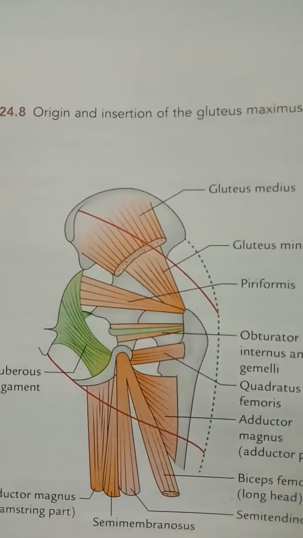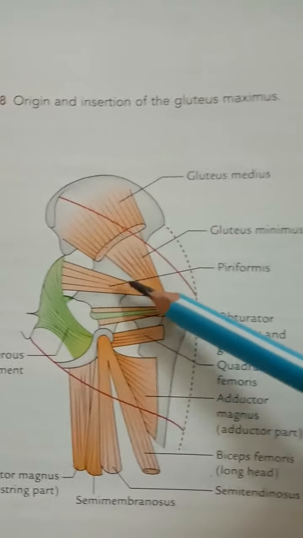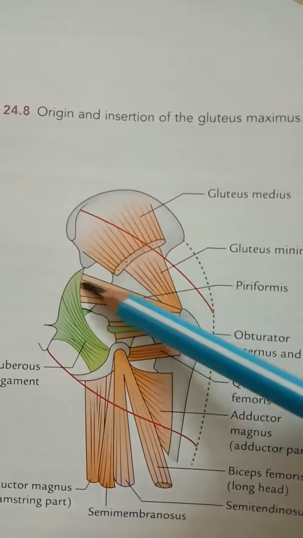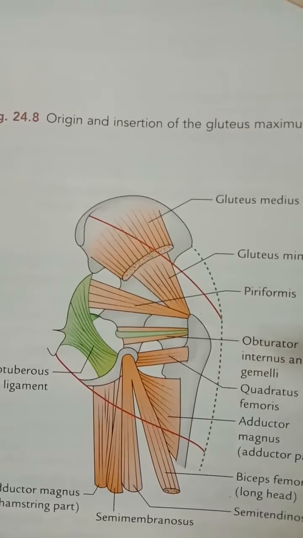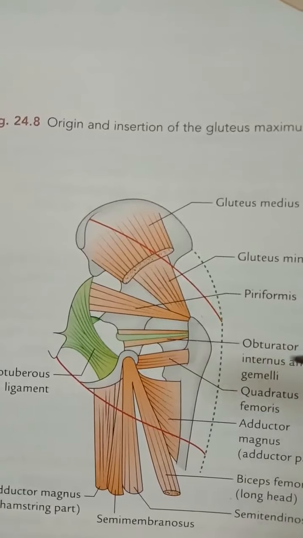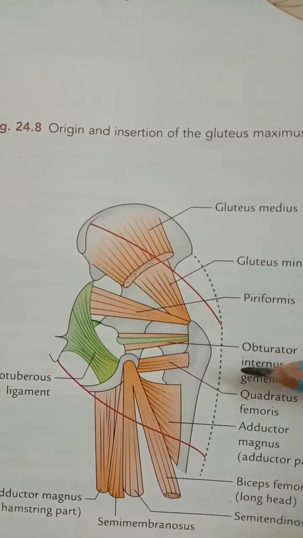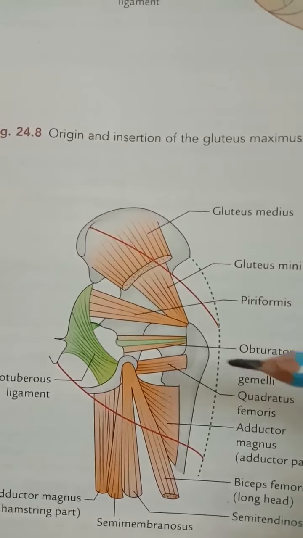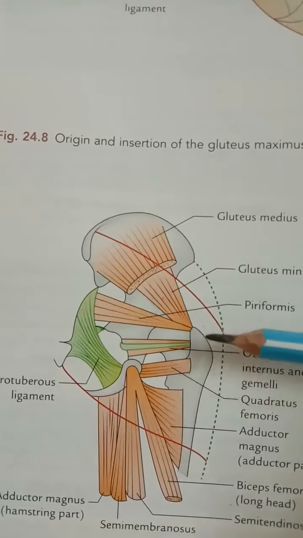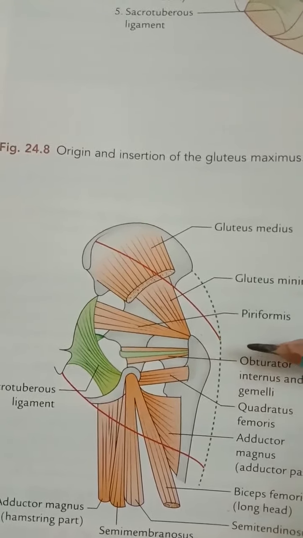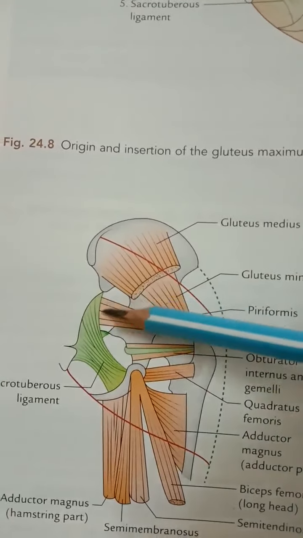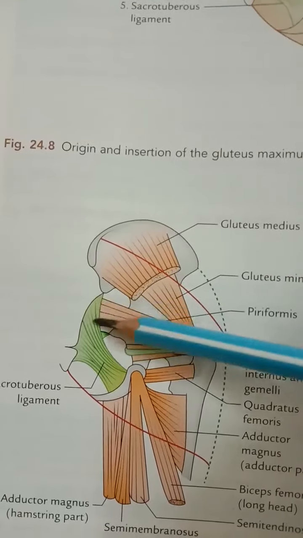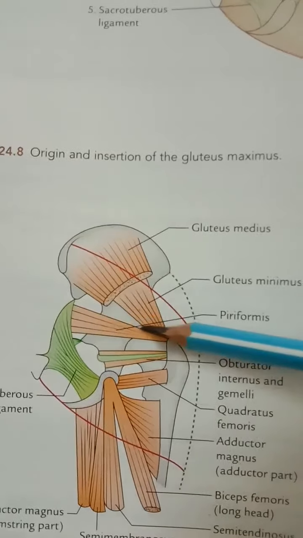After that let's see the piriformis. The piriformis muscle originates from the pelvic surface of the middle three pieces of the sacrum, and the upper margin of the greater sciatic notch. So that is the origin of the piriformis.